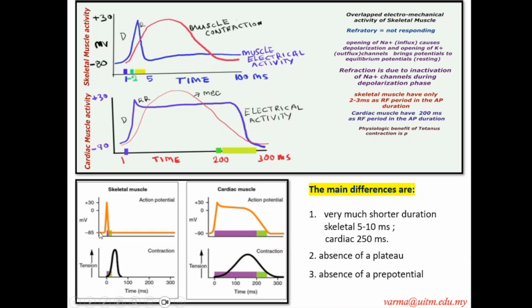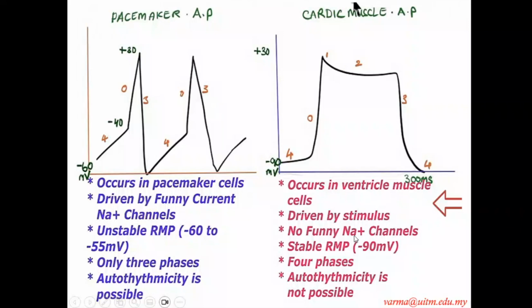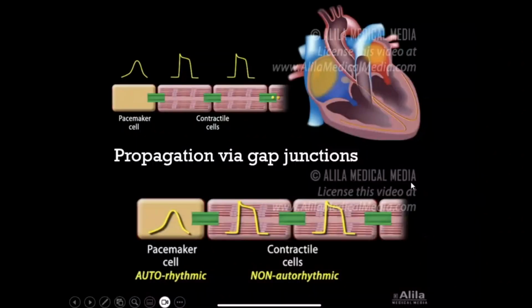As I mentioned, from negative 70 they will slowly go up. This value may differ, but the normal value for skeletal muscle resting membrane potential that is commonly used is negative 70, whereas your cardiac is negative 90. Pre-potential is your funny current, this part.